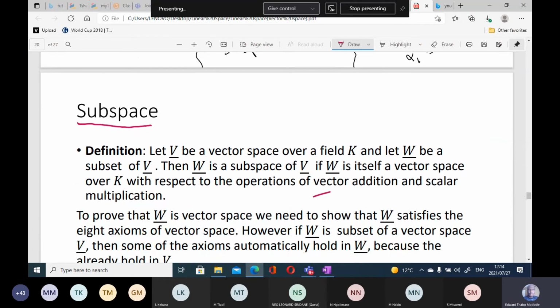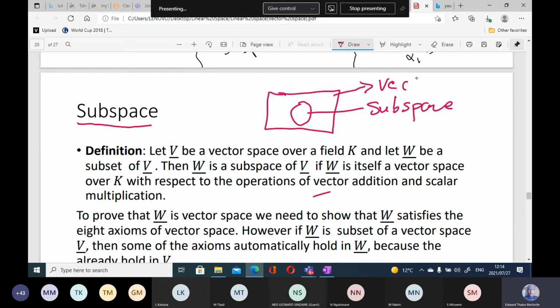So the next thing that we discuss is what we call a subspace. I'm going to explain it in terms of set theory. So this is a subspace, and this, the big one, is a vector space. So what can we conclude using a layman's knowledge?